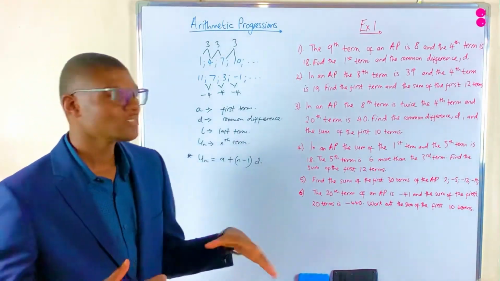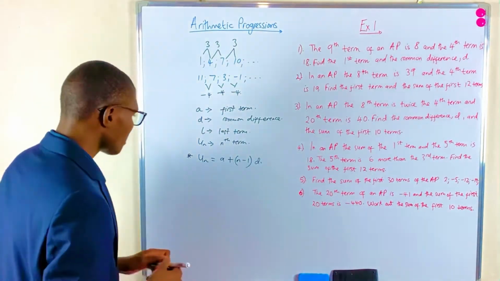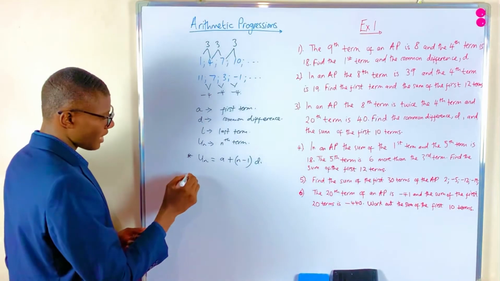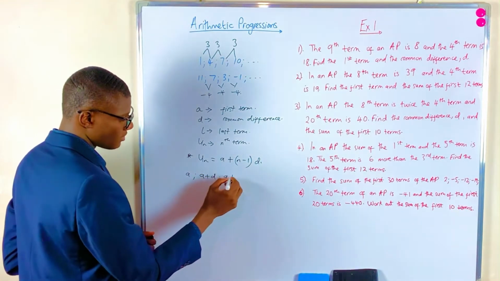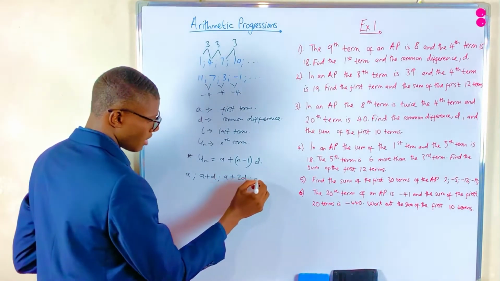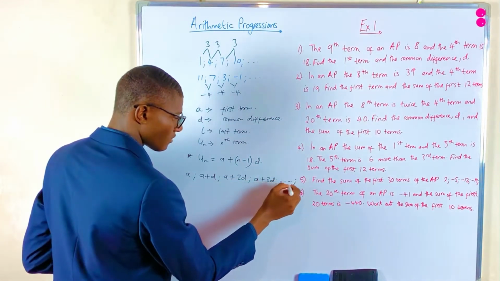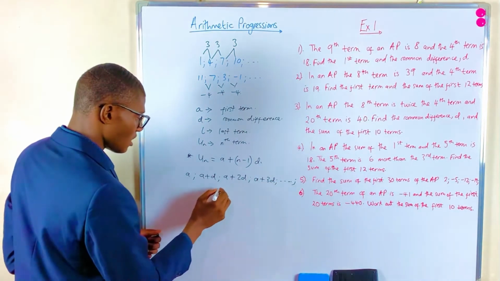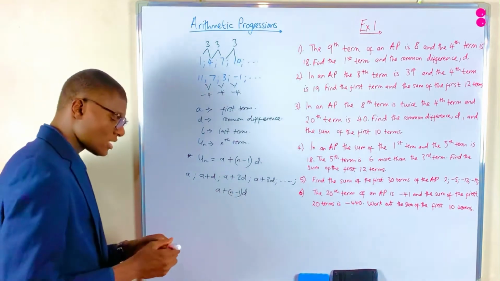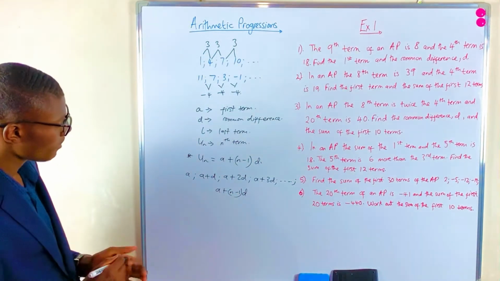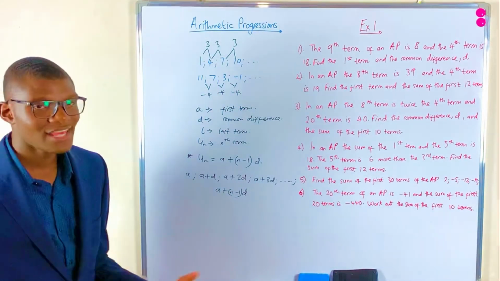So basically, an arithmetic progression with n terms will be something like a, then a plus d, a plus 2d, a plus 3d, and then a plus n minus 1 times d. These are the first term, second term, third term, fourth term, and nth term.